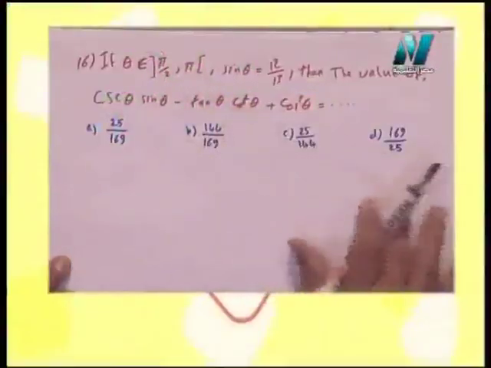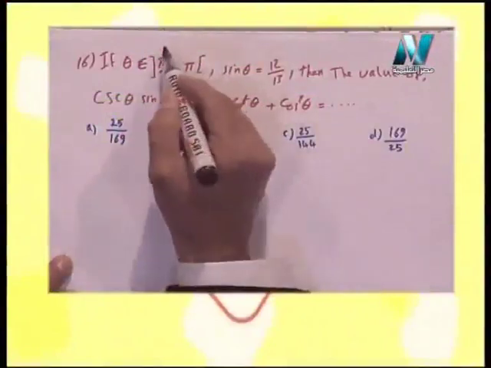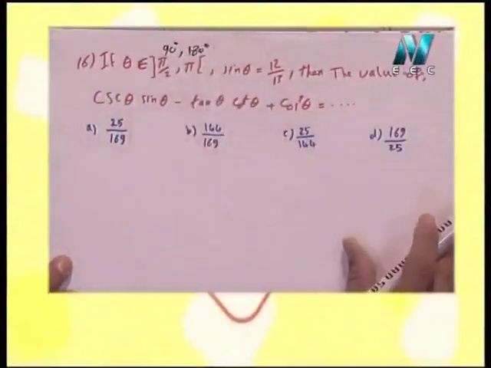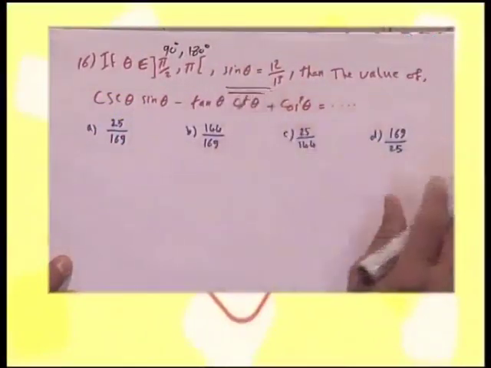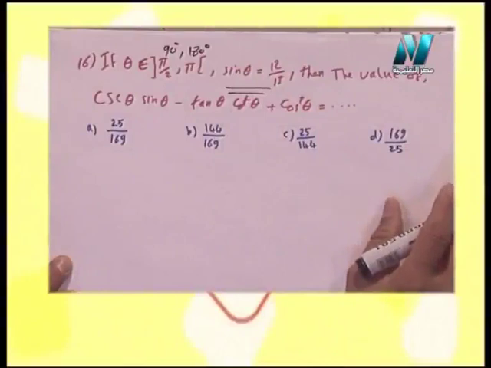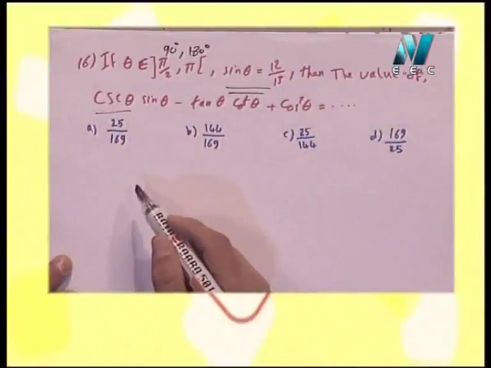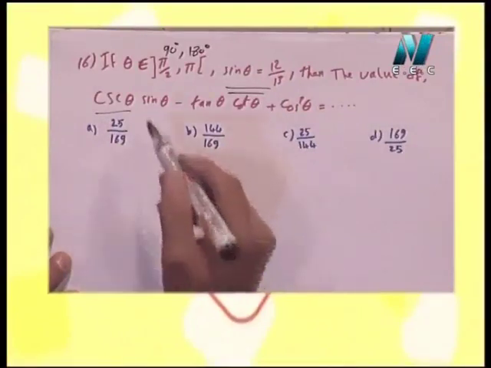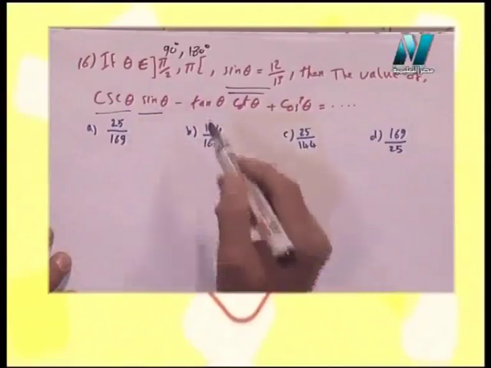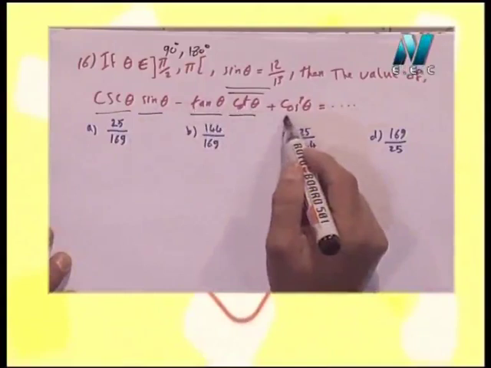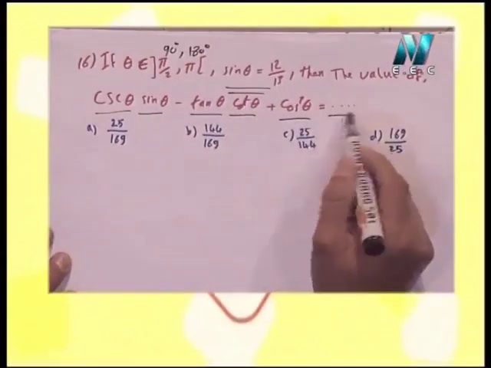If theta here is between pi over 2 and pi, which means between 90 degrees and 180 degrees, and sine theta equals 12 over 13, then the value of cosec theta multiplied by sine theta minus tan theta multiplied by cotan theta plus cosine power 2 theta equals space.